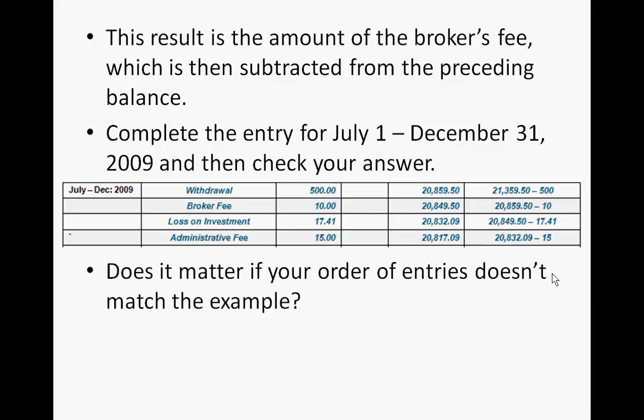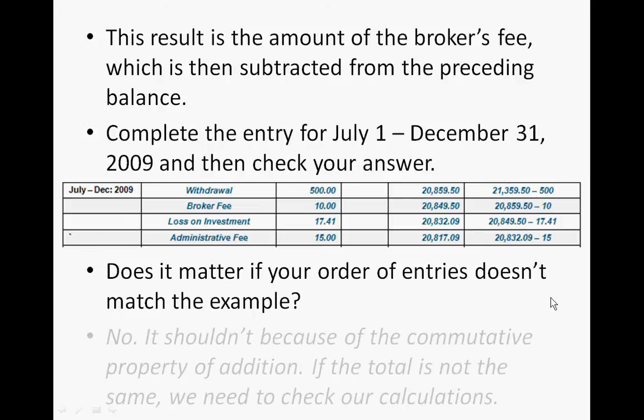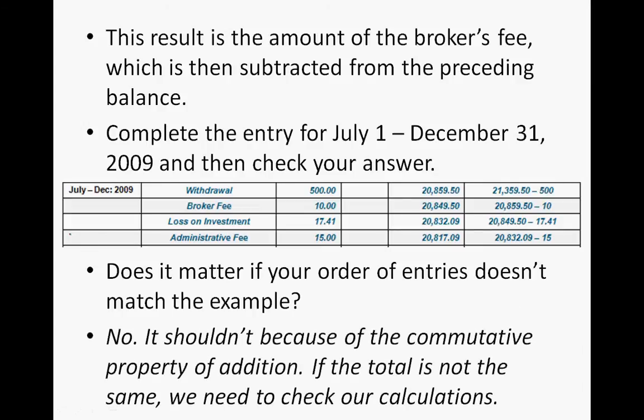So does it matter the order of the entries? If your order of entries doesn't match the example, does it matter? Well, no, it shouldn't, because of the commutative property of addition. If the total is not the same, we need to check our calculations. Now, you might be saying, wait a minute, commutative property of addition, these are all subtraction problems.